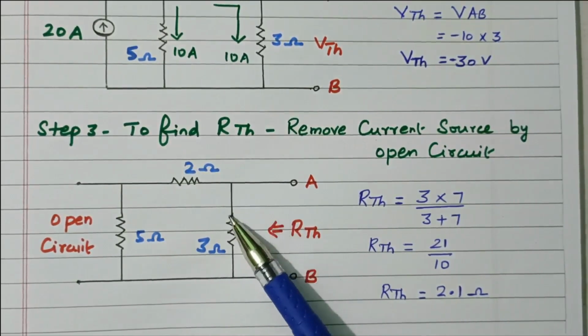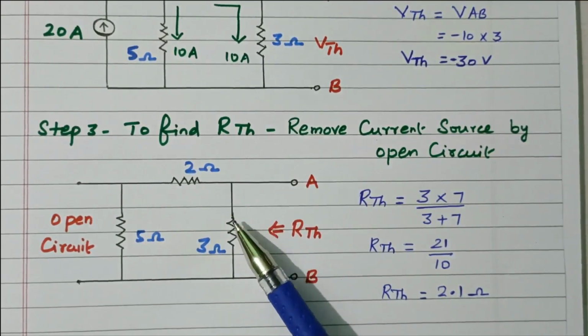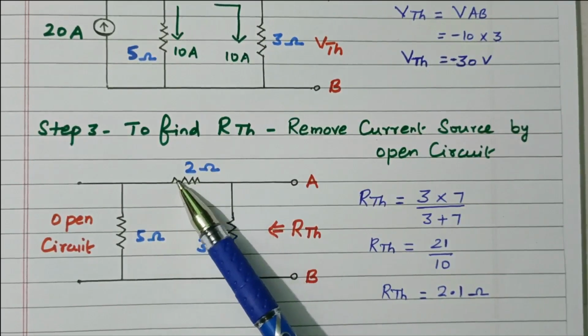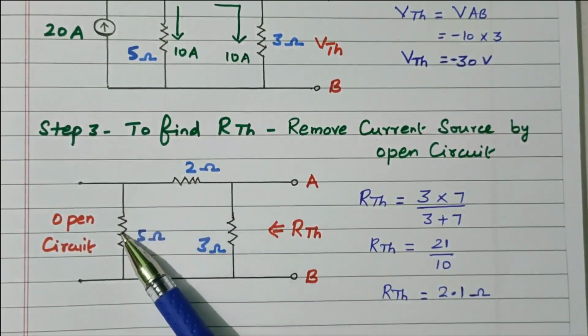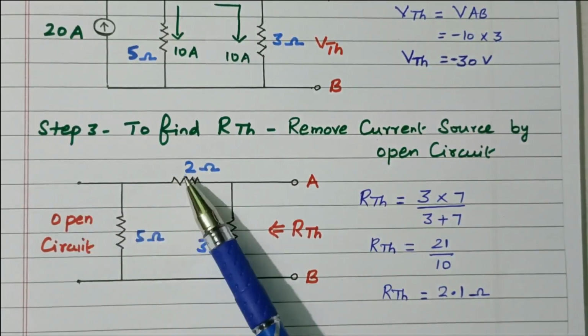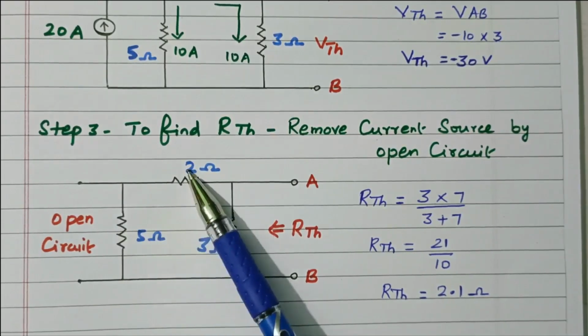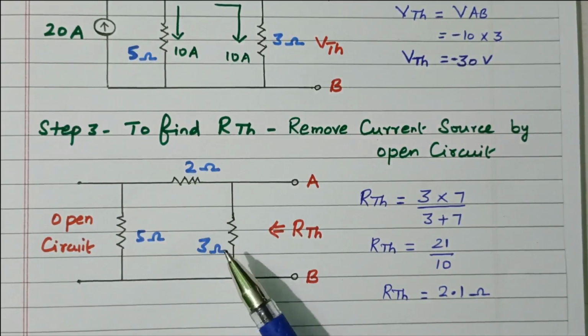Right? So current is divided in these 2 branches. So these 2 branches are parallel, 3 ohm, and here another 5 ohm is there. So the same amount of current is flowing through 2 ohm and 5 ohm. Current will not go to open circuit. So 2 plus 5, 7 ohm is one resistor and 3 ohm is another resistor. Both are connected in parallel.